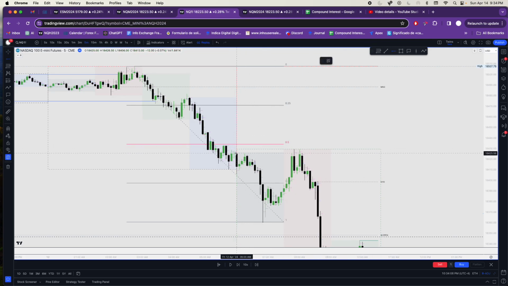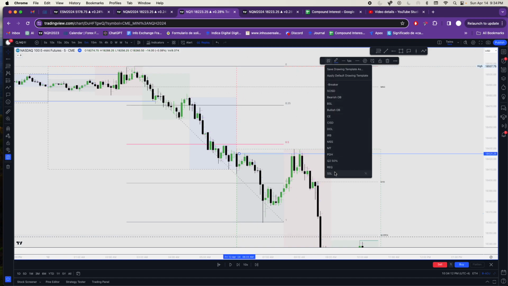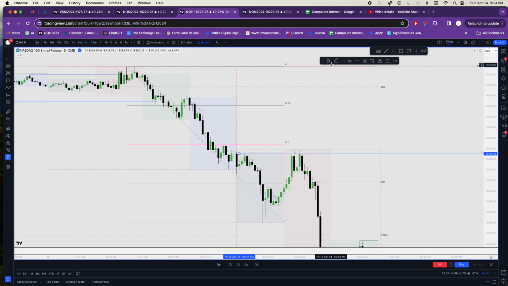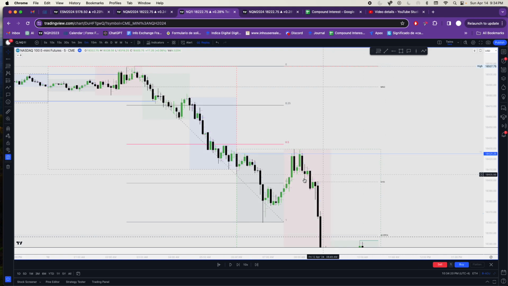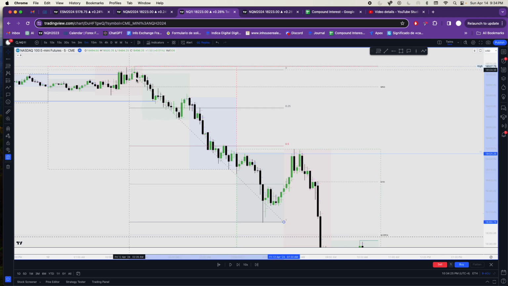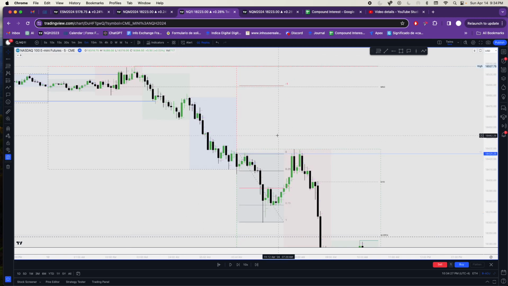Mark this out. Sell side liquidity or buy side. Whoa, buy side liquidity. In addition to that, instead of measuring this entire range here, we can also measure this range. And of course, we exceed the optimal trade entry.